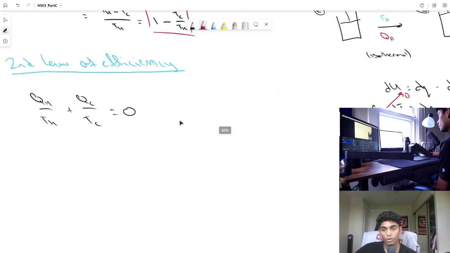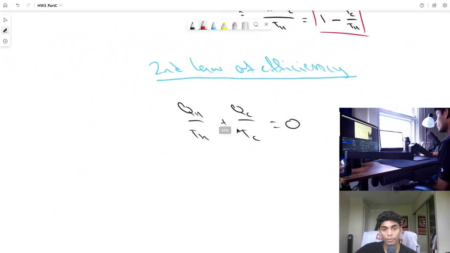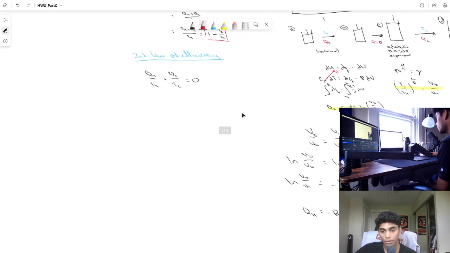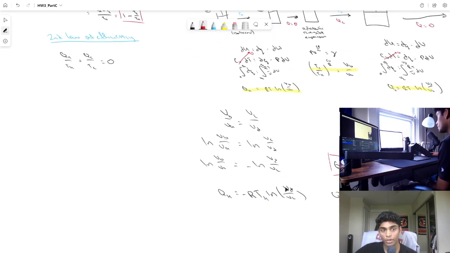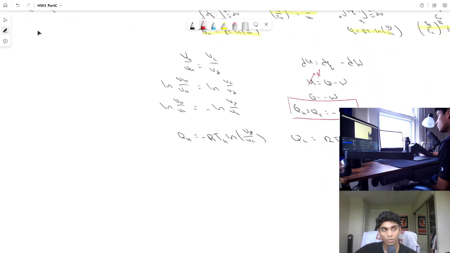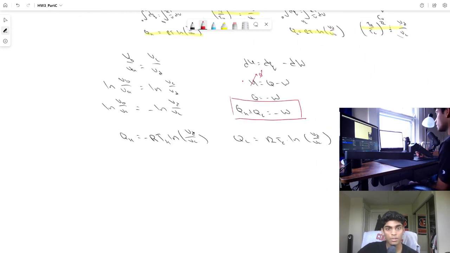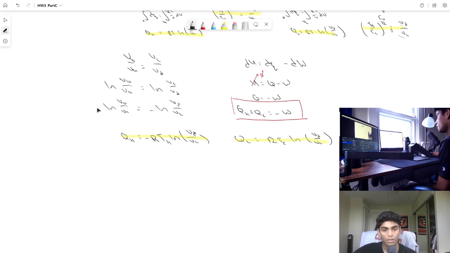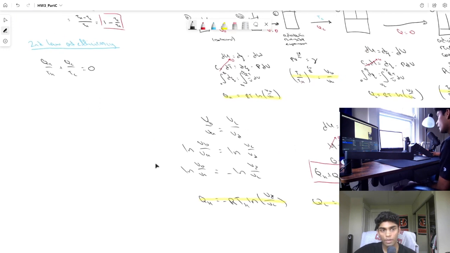So in order to further explain this, we can plug in the values that we had determined for QH and QC. That one there and this one here. And so when we do that, we get, let's see, TH.